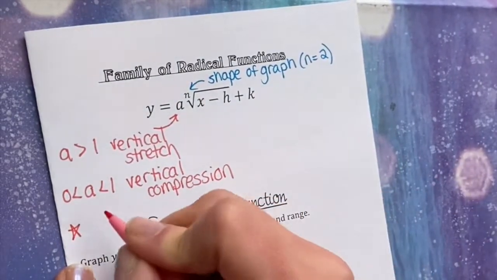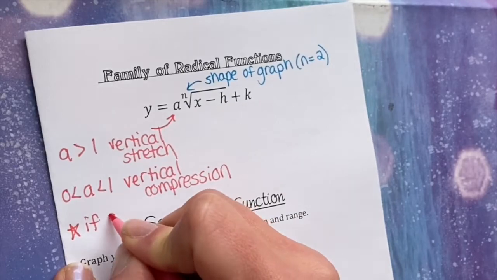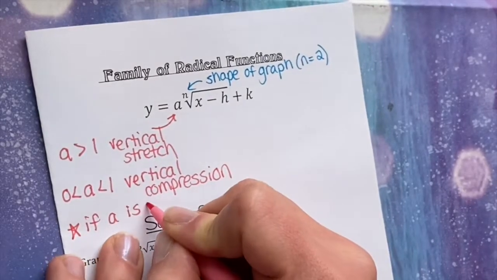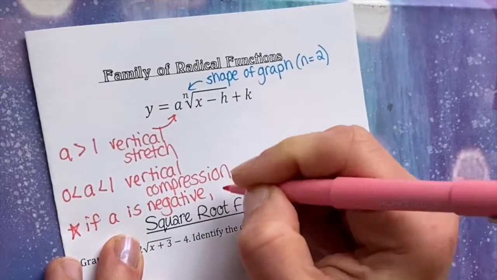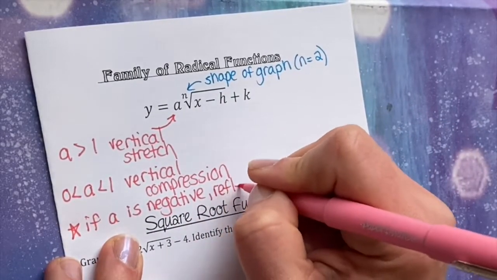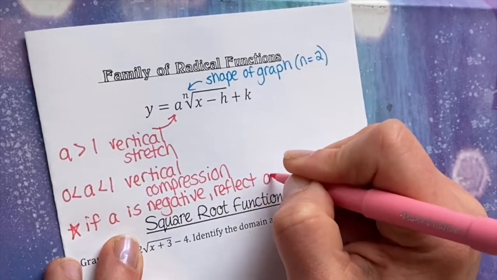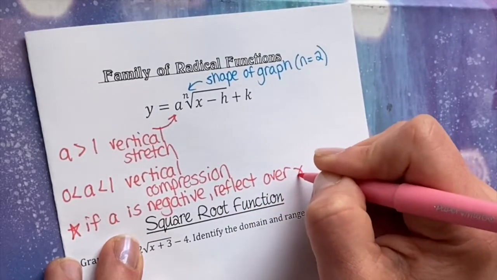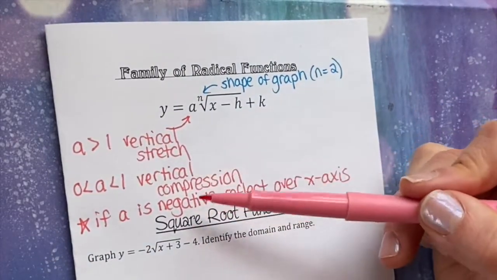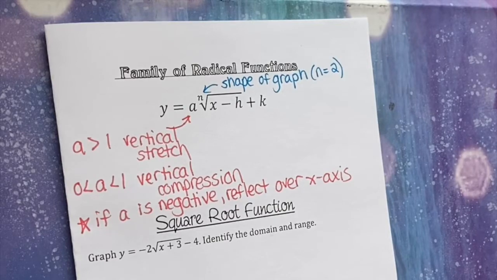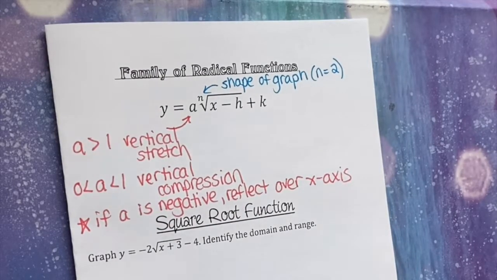A also tells us if it is negative, that represents a reflection over the x-axis. So again, this is the same information that we had talked about before when we talked about transformations and when we talked about vertex form of quadratics. Now we are just going to apply that to the square root function.